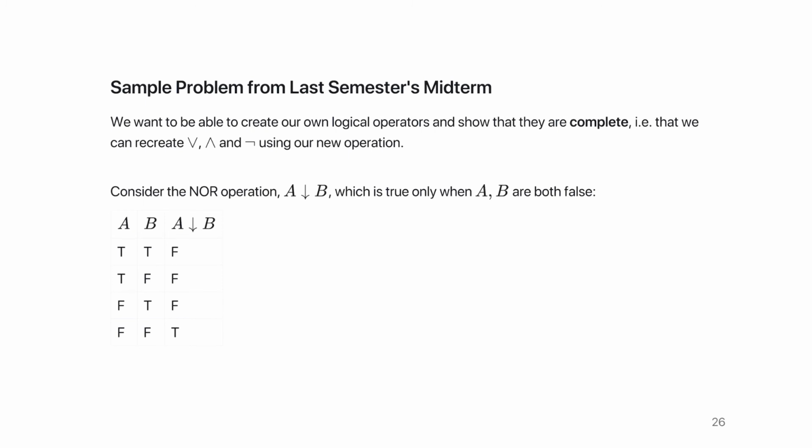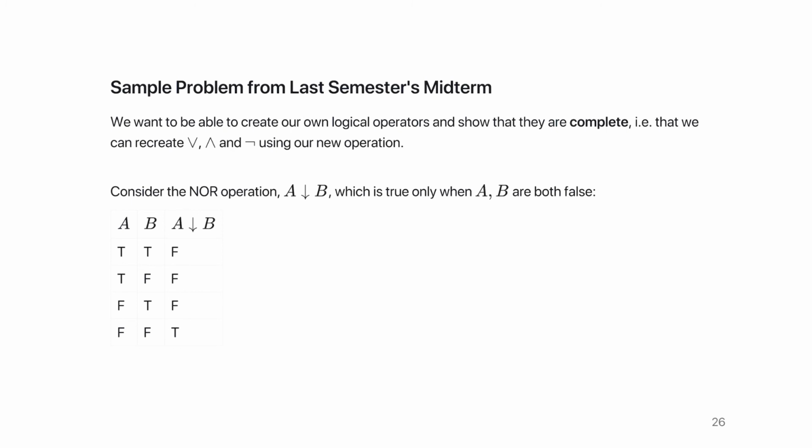Okay. So as I was mentioning earlier, a problem that we like to work on is showing that we can create some new logical operation that's complete, right? And by it being complete, we mean we want to be able to recreate the or, and not operations using our new operation. Okay? And if you look at the last question on the midterm from last semester, it's the exact same as this. And so we want to consider the operation NOR.